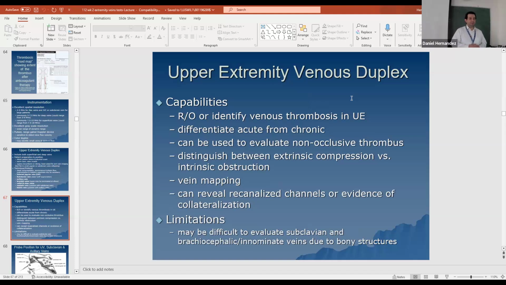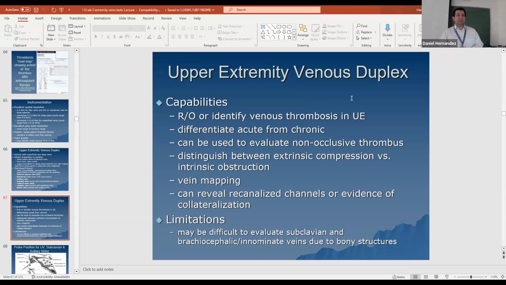In our capabilities, we want to rule out or identify thrombosis in the upper extremities. We can differentiate between acute and chronic thrombosis. We can tell whether or not the thrombus is non-occlusive or occlusive. We can distinguish between something that maybe is compressing the vessel versus an actual clot within the vessel obstructing it.